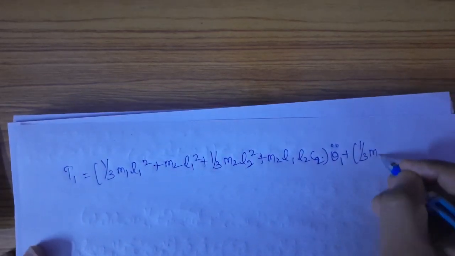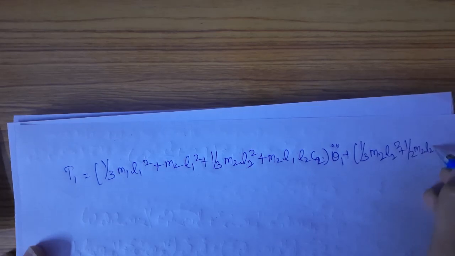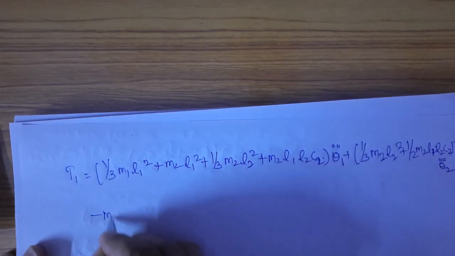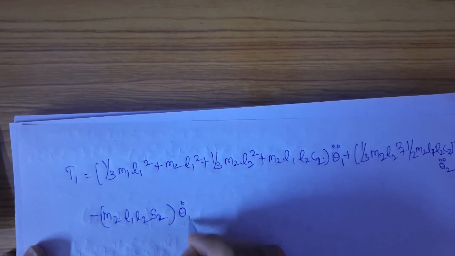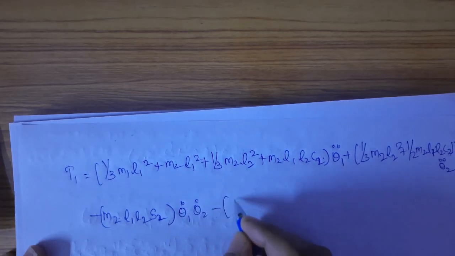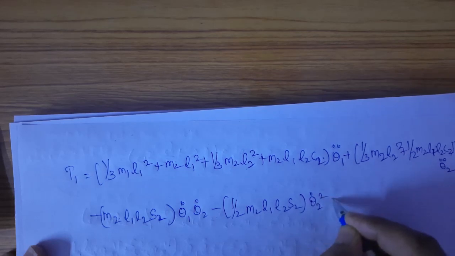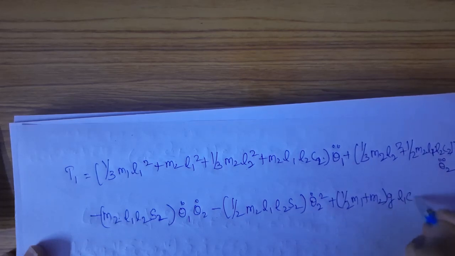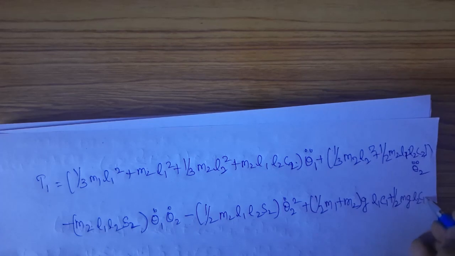So 1/3 m1 L1 square plus m2 L1 square plus 1/3 m2 L2 square plus m2 L1 L2 cos theta 2 into theta double dot 1, plus 1/3 m2 L2 square plus 1/2 m2 L1 L2 cos 2 into theta double dot 2, minus m2 L1 L2 sin 2 theta dot 1 theta dot 2, minus 1/2 m2 L1 L2 sin 2 theta dot 2 square, plus 1/2 m1 g L1 cos 1 plus m2 g L1 cos 1 plus half of m2 g L2 cos theta 1 plus theta 2.